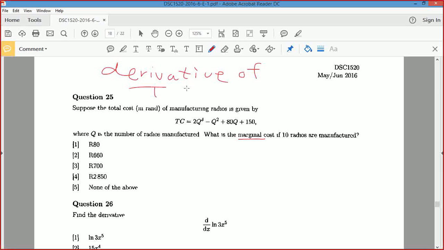Derivative of total costs is marginal costs. It doesn't matter what it is: derivative of total anything is the marginal anything. So how do I get the derivative? This is MC, not MR. This is marginal cost, not revenue.